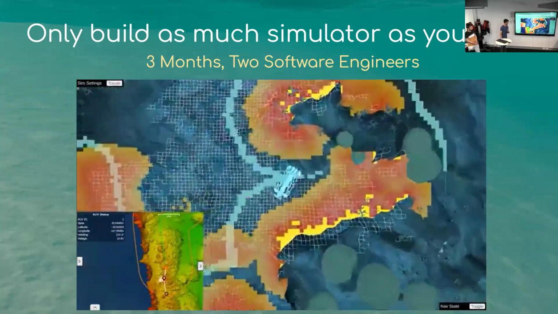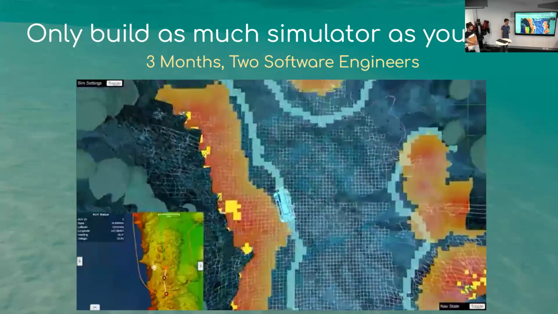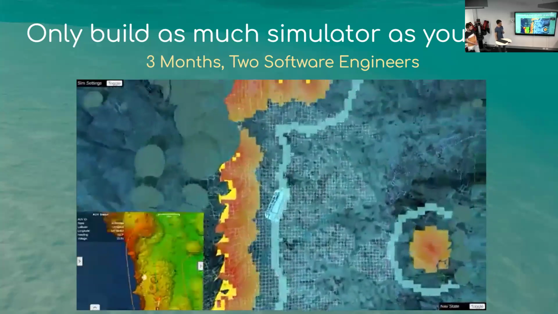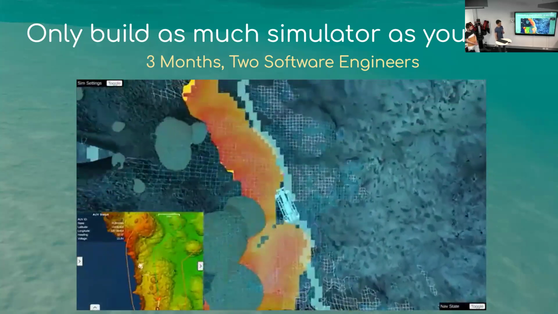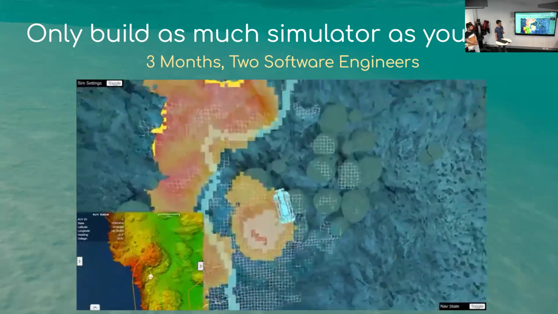In general, the ability to find different problem areas on this example reef data that we were given by AIMS just gave us an opportunity to test and retest against problem areas as we updated our algorithms.